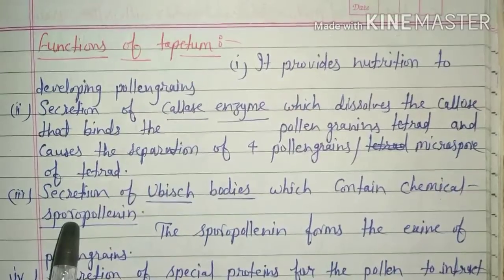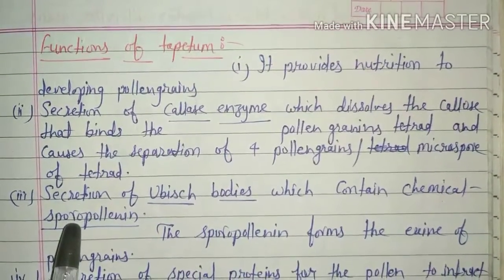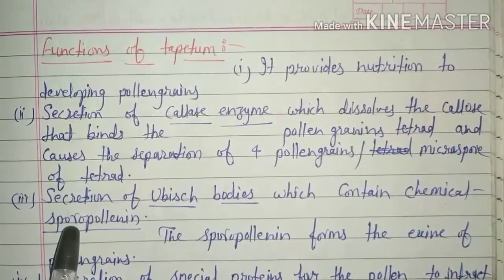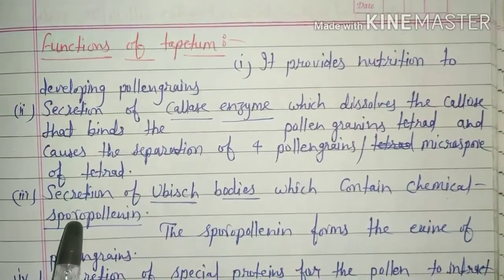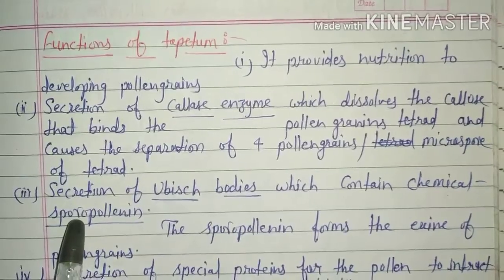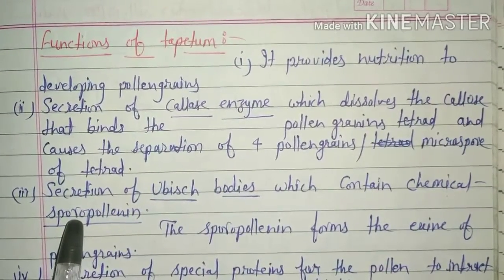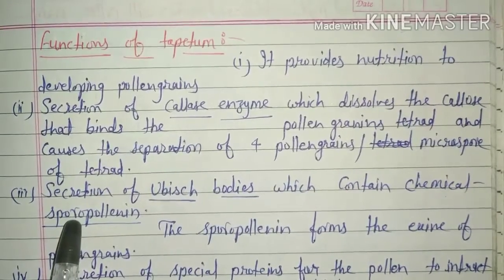In the process of microsporogenesis, the cells of the tapetum and the middle wall layers dissolve and contribute to the nutrition and auxin hormone requirement of dividing microspore mother cells.